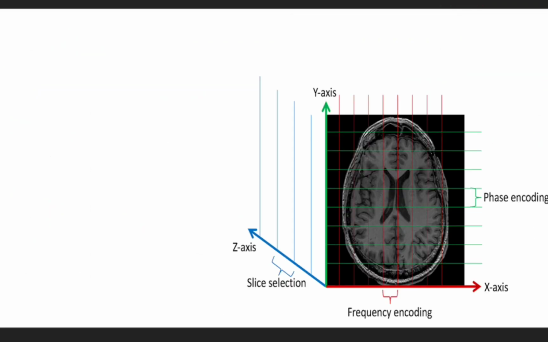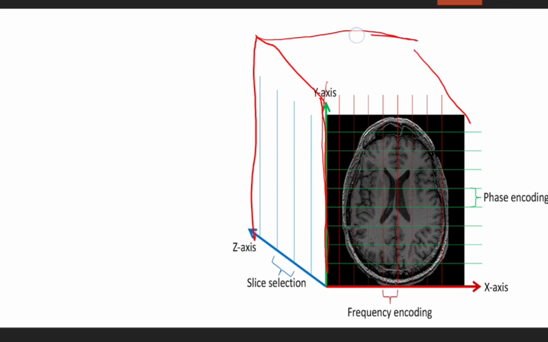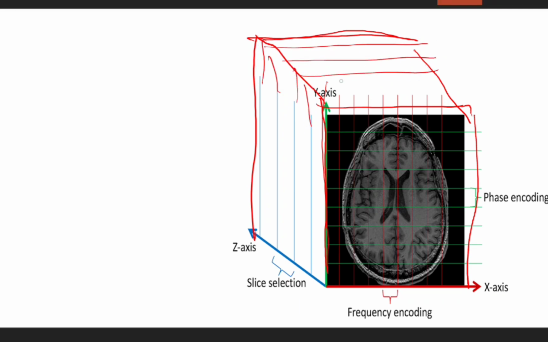Clear? And this is the voxel diagram I tried to make here. You can see there are different slices.